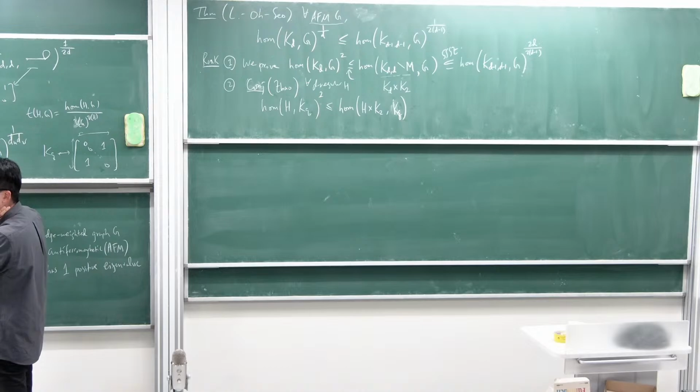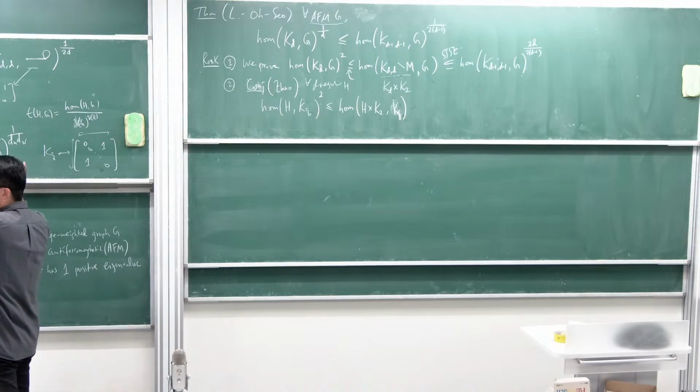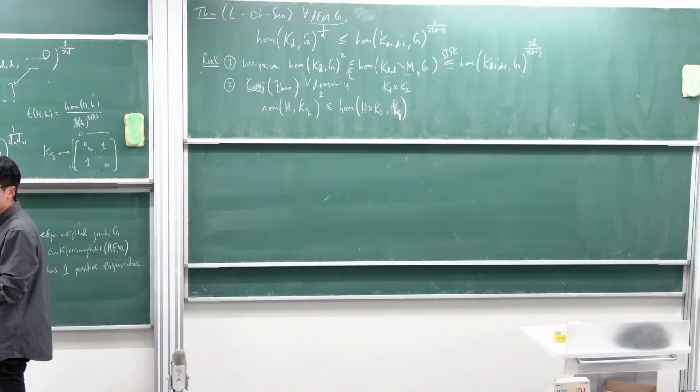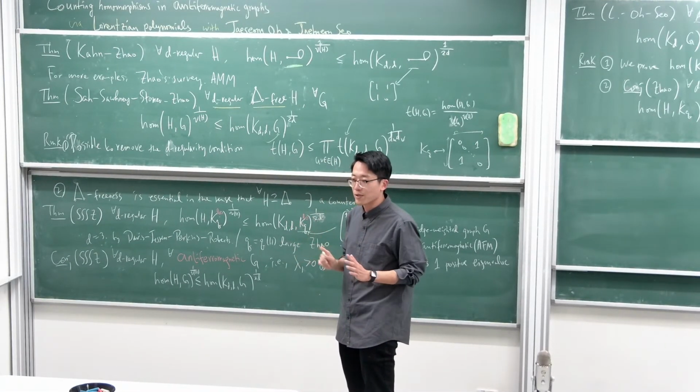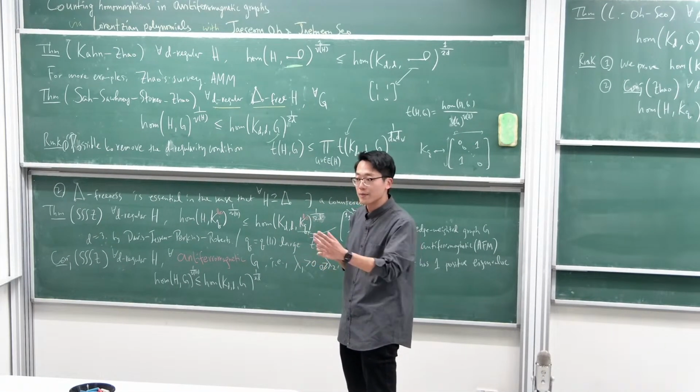It depends on the setting and context. But you can always ask for some non-regular version of it like this. For that you need a different normalization, which I didn't really want to stick to for this talk.